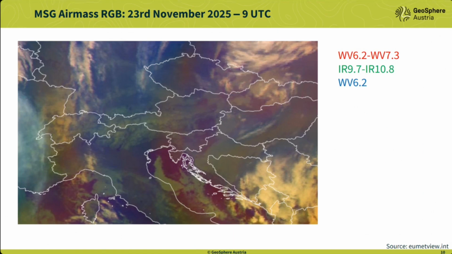I know that sounds a little bit dumb, but it appears greenish. You can see here the recipe of the water vapor Airmass RGB, and on the green beam you have the brightness temperature difference between the ozone channel and the window channel.